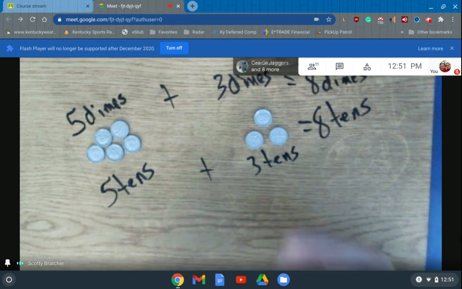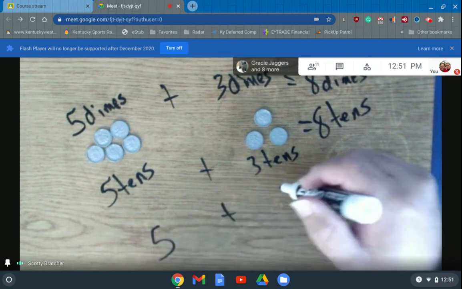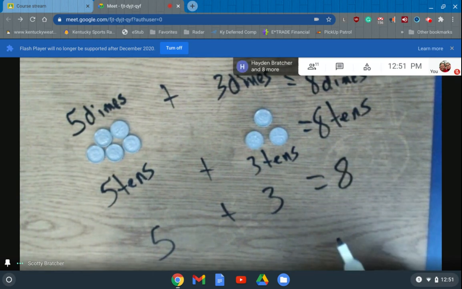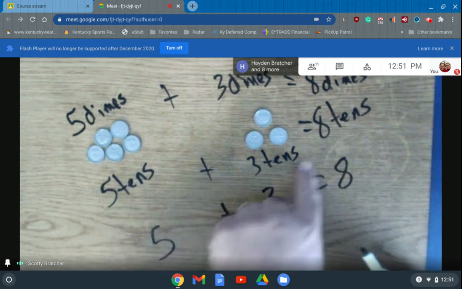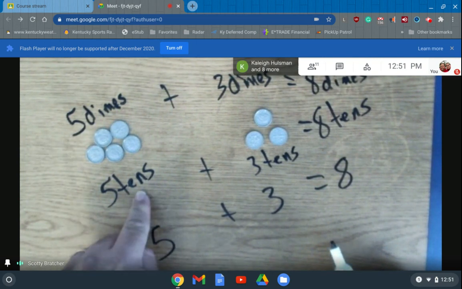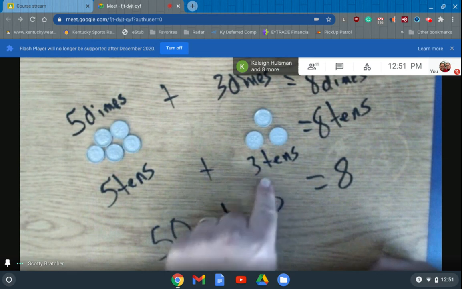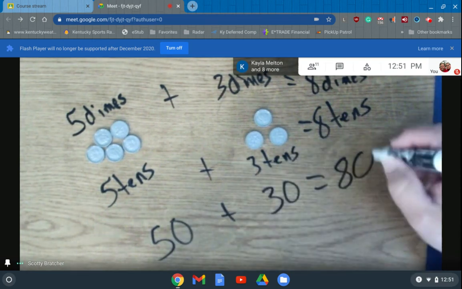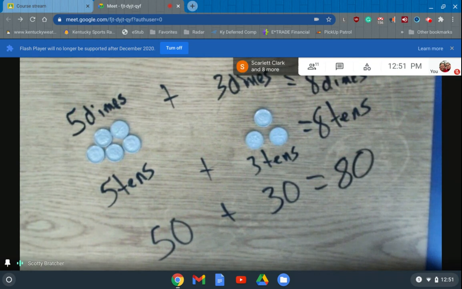And then I'm just going to write this fact that Zoe used down here. Okay, and Zoe, what we've been doing is just taking the tens way and we're replacing the word tens with a 0. Because 5 tens is actually 50. 3 tens is 30. 8 tens is 80. And that kind of builds our number sentence for us.